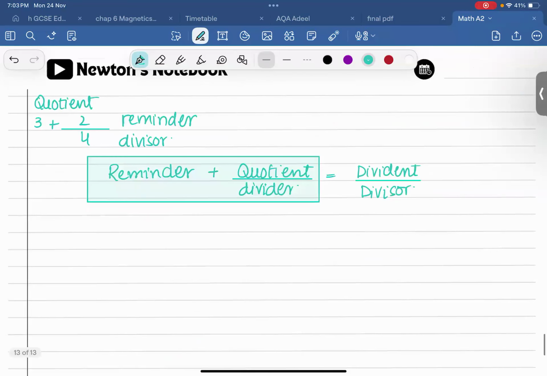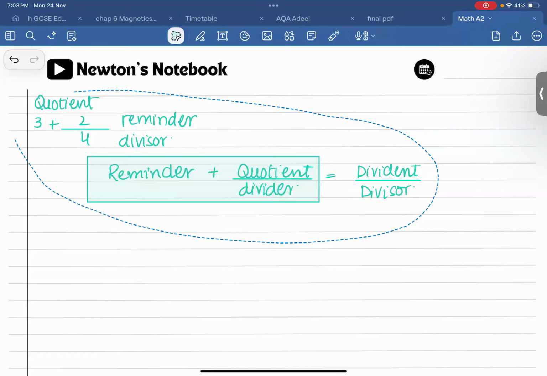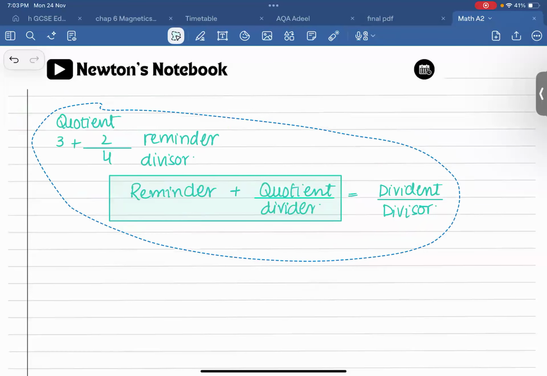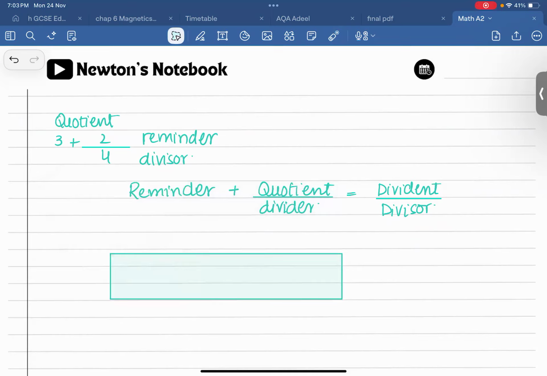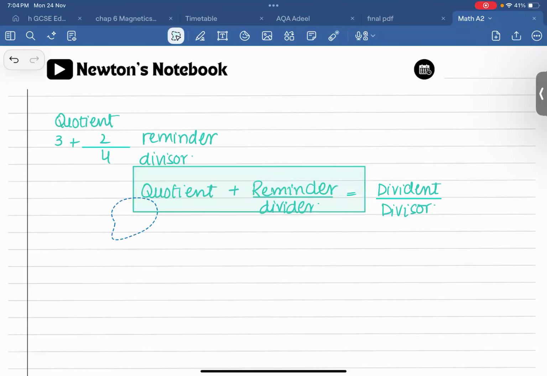I just mixed up the order, so kindly correct this one. So it is quotient plus remainder over divisor, right? And over here you also have the quotient, the remainder on top, and the divisor.